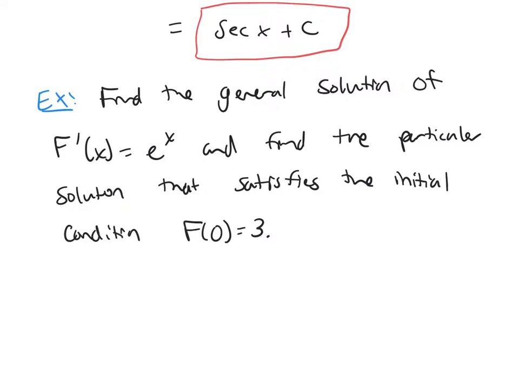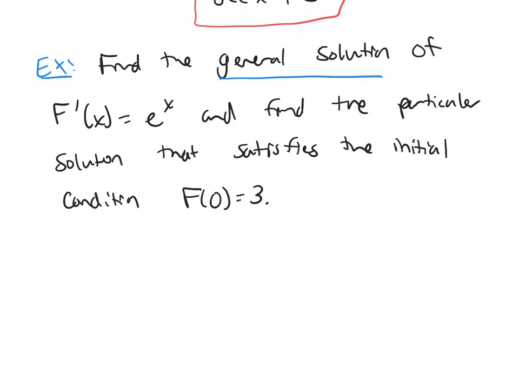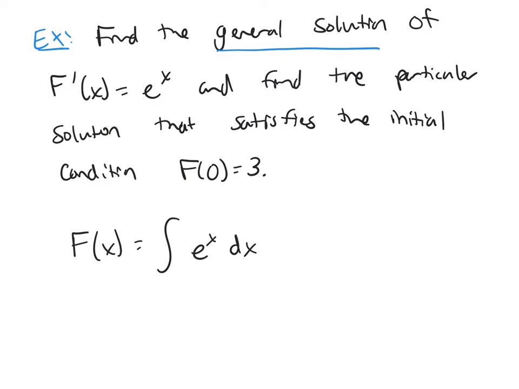So the first thing we're going to do is we were asked to find the general solution. So to get capital F of x, we're going to compute the integral of f prime of x, which was e to the x. And remember that the derivative and the integral of e to the x is itself e to the x plus c.